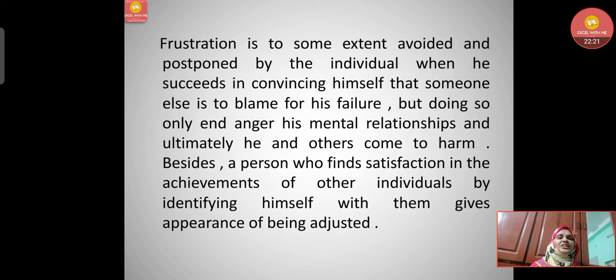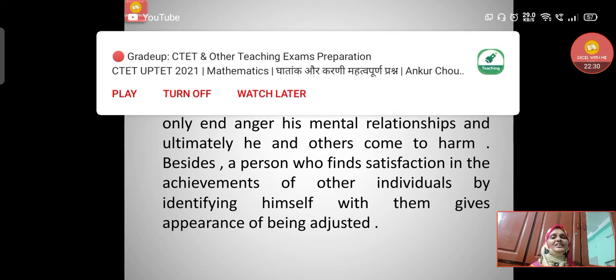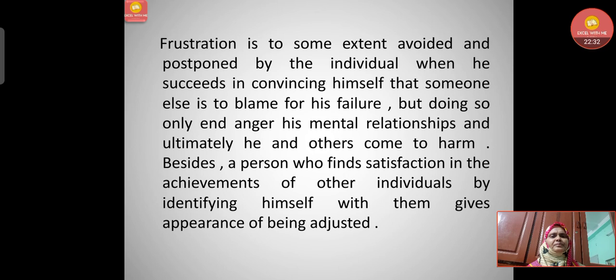So frustration is to some extent avoided and postponed by the individual when he succeeds in convincing himself that someone else is to blame for his failure, but doing so only angers his mental relationships, and ultimately he and others come to harm.